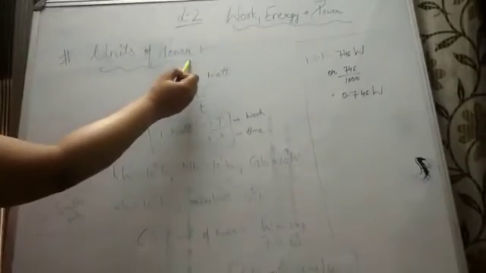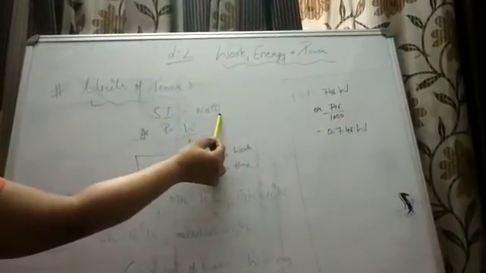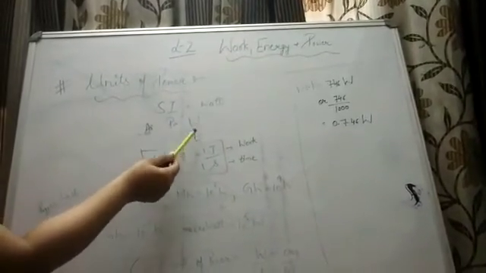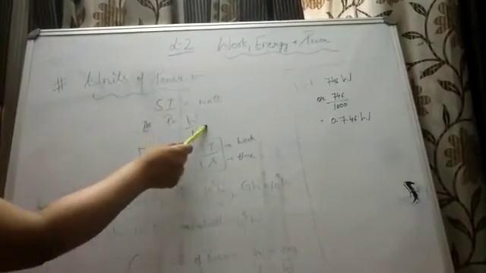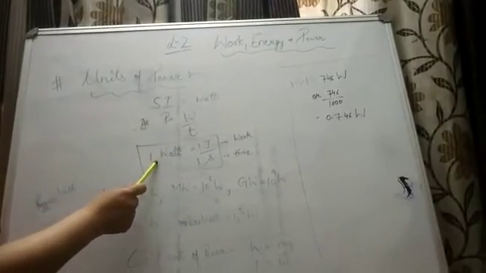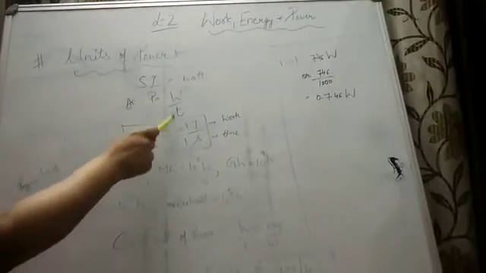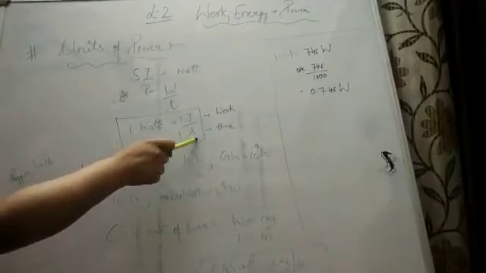Units of power. SI unit of power is equal to watt. So in the formula, if we put SI units of all these physical quantities, we will write 1 watt is equal to 1 joule upon 1 second. Understood?